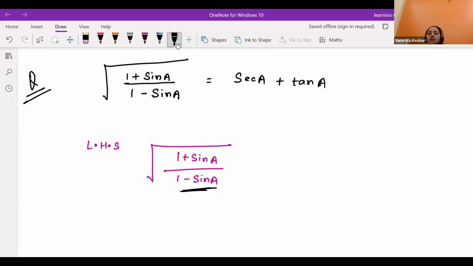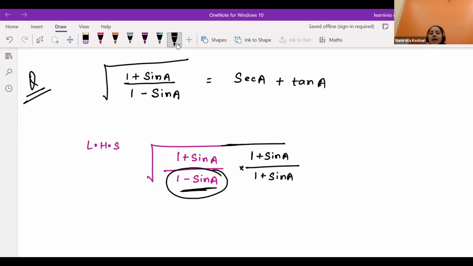We will be multiplying inside the root only, the multiplication of 1 plus sin A over 1 plus sin A. Why are we doing so? Because the denominator looks like a minus b, so we multiply a plus b in the numerator and denominator, keeping in mind that we are multiplying inside the root.